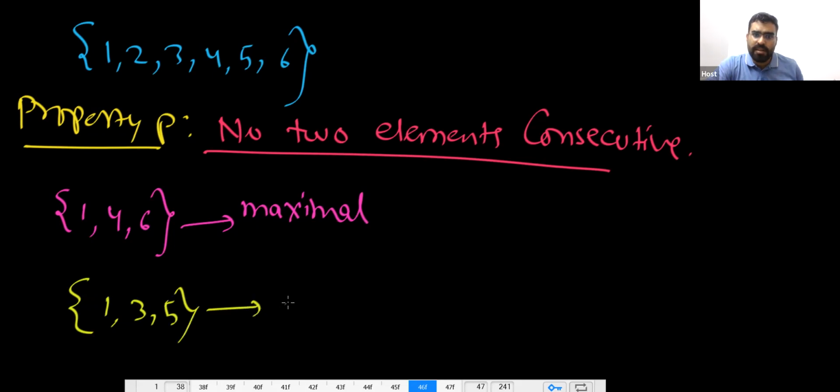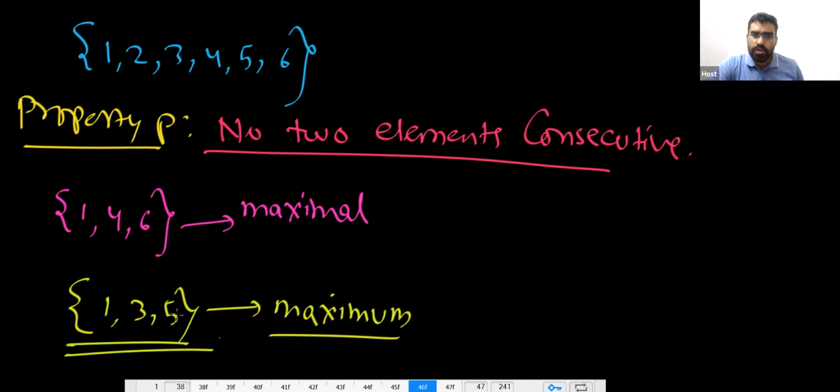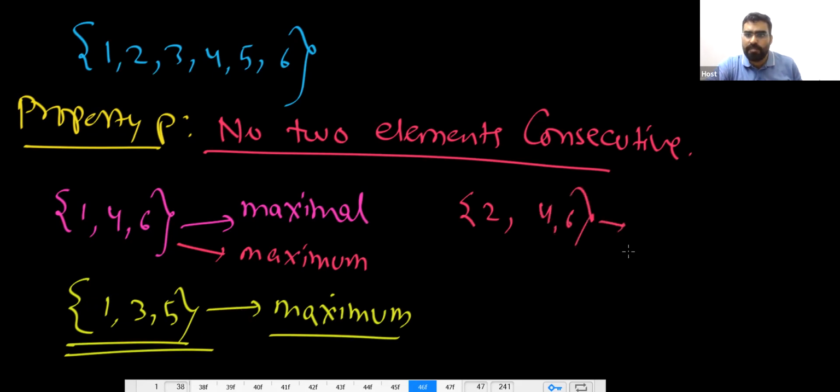This is maximum because you cannot create a size 4. This is size 3. {2, 4, 6} is also maximum.